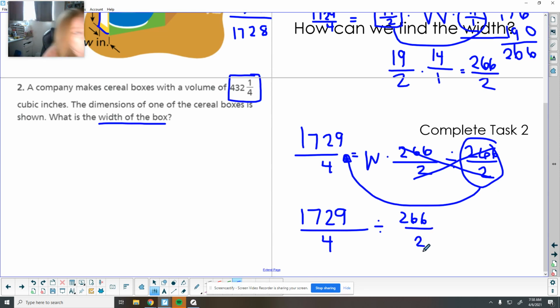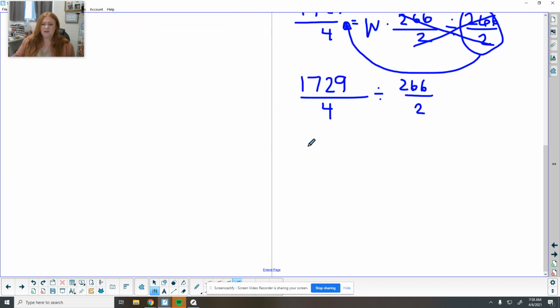Now remember, when we are dividing, I don't know if 266 can go evenly into 1729. So what I can do though is make it a multiplication problem, since division and multiplication are just opposites of each other. So I can copy this first one, 1729 divided by 4, keep the first one the same, dot, and flop here.